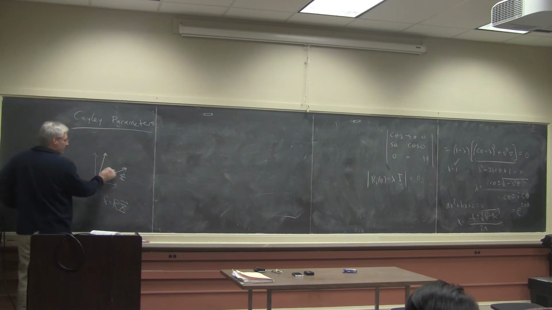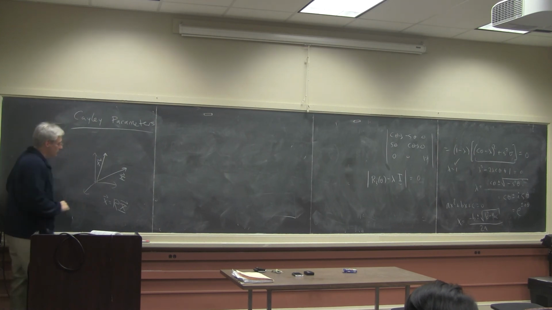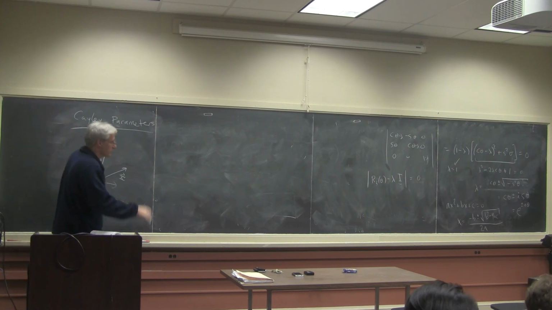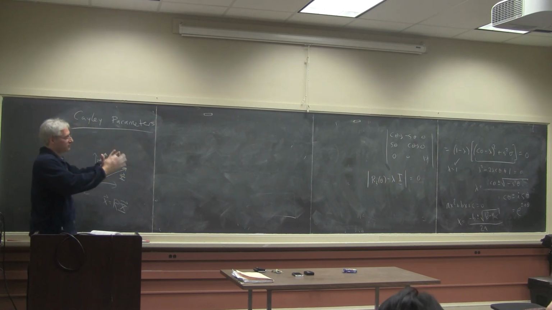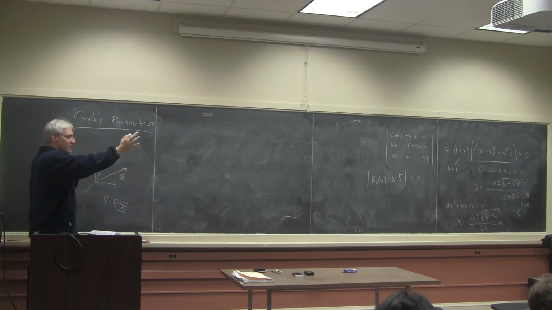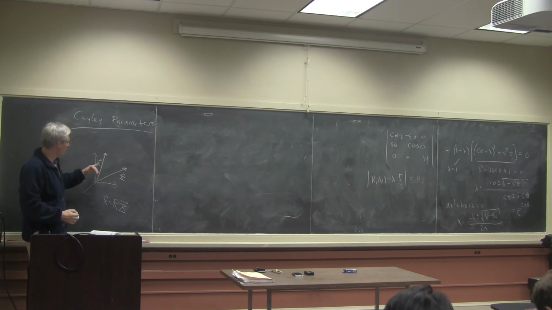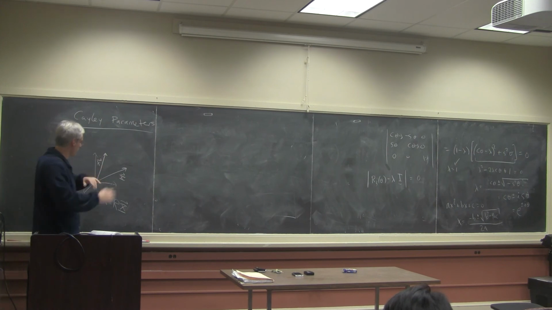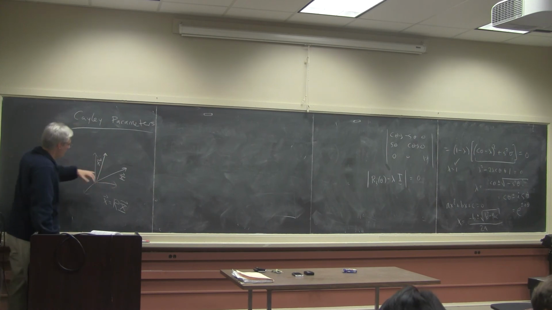So this was capital X, and then I rotate and I get little x. This is a notation that they use in continuum mechanics, where you start out with a referential set of coordinates, and then you deform, and then you have new material coordinates, little x, that result from the deformation.